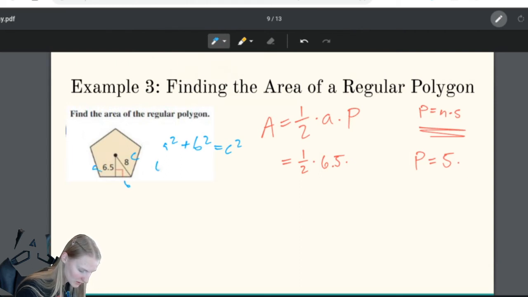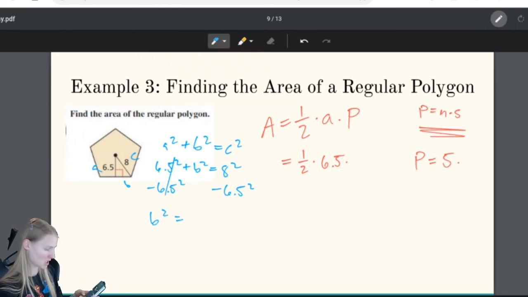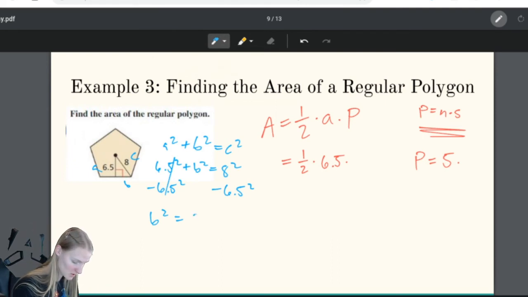So we have 6.5 squared plus b squared equals 8 squared. Minus 6.5 squared from both sides gives me b squared equals 8 squared minus 6.5 squared, which is 21.75.